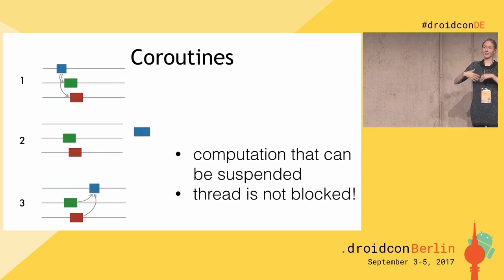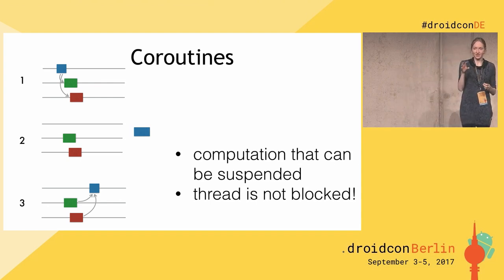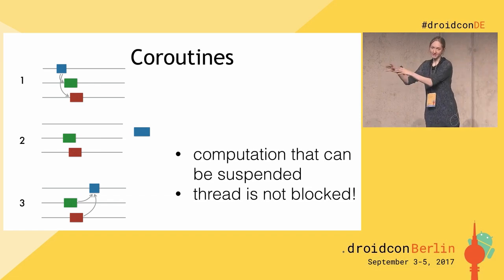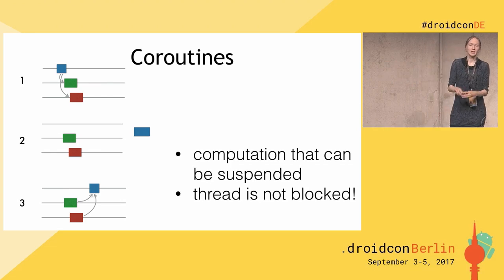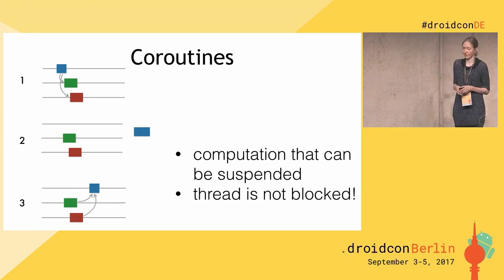You can write very straightforward code, but with a concept that is more lightweight than threads. With coroutines, you can write direct code, like in this example, and instead of blocking the thread, you just suspend the coroutine. You take your computation, put it away somewhere, and then when the result is ready, you continue it. That's why you don't need the callbacks. The compiler does all this job for you. You can express the code in a straightforward manner.